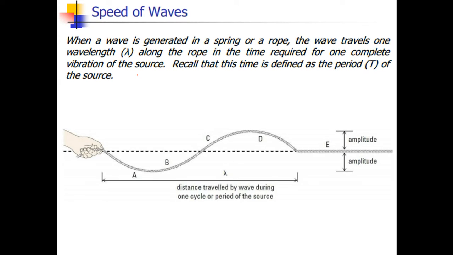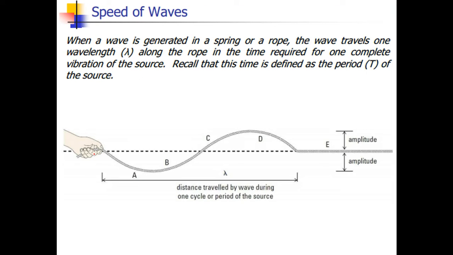So we covered period, frequency, wavelength. Now we're going to talk a bit about the speed of waves. When a wave is generated either in a spring or a rope, the wave travels one wavelength along the rope.